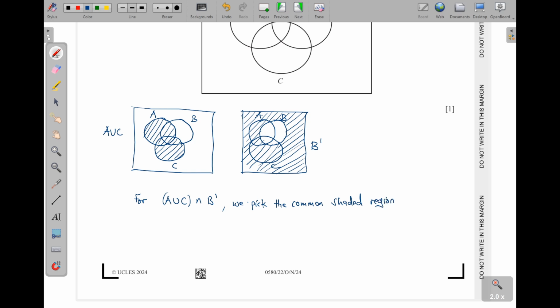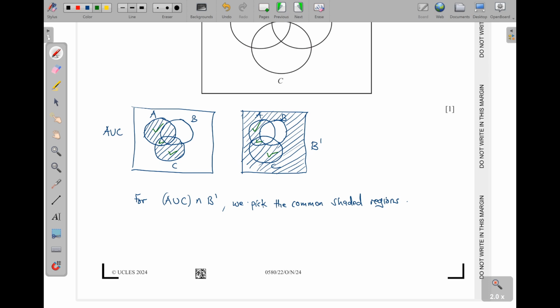If it were union, then we just unite, just slide this into this, as simple as that. So here we are going to pick what is common shaded. So there is this, you see that region, then there is this one here, also shaded, then there is this one here, also shaded in both, so nowhere else.